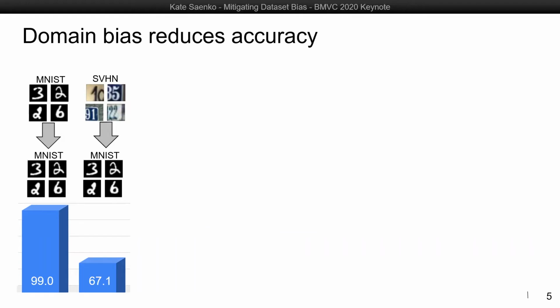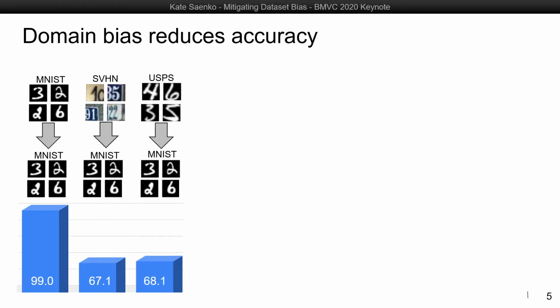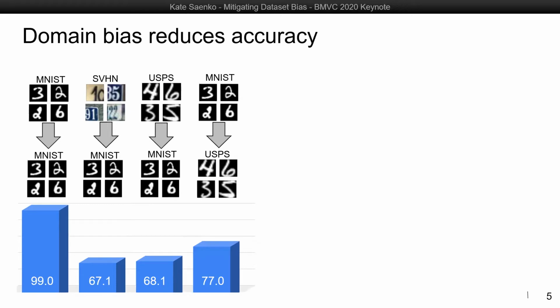You see that the performance drops very significantly because of this domain shift. And even if we trained on USPS, which is a more similar digit domain, which also is black and white and also has handwritten digits, it still causes a large drop in performance on MNIST. And by the way, if we switch and train on MNIST and test on USPS, performance is still very poor.